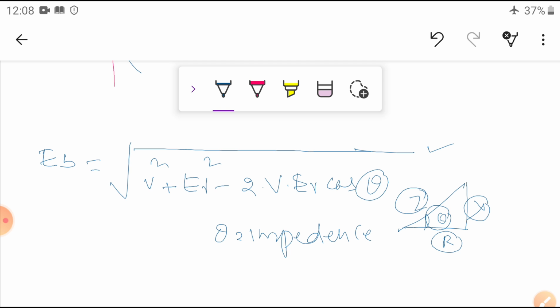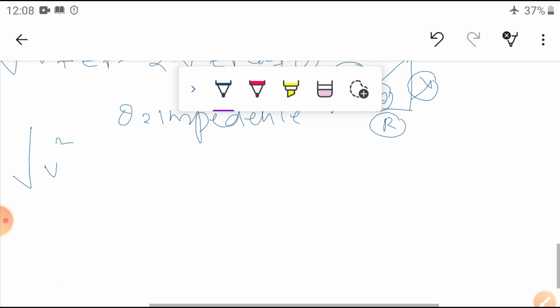If under excited condition, less than 100% of the field is given to the rotor, at that condition EB generated is equal to, what's the formula? You know the vector diagram, don't get confused, I am writing based on it. So what is this one?